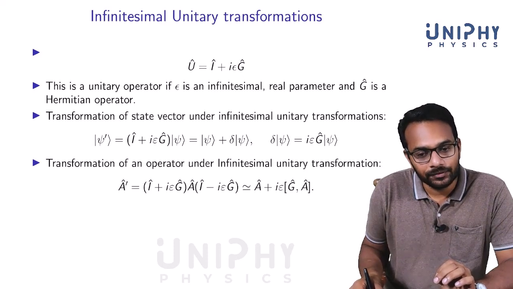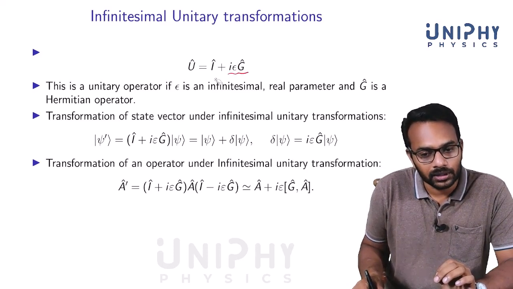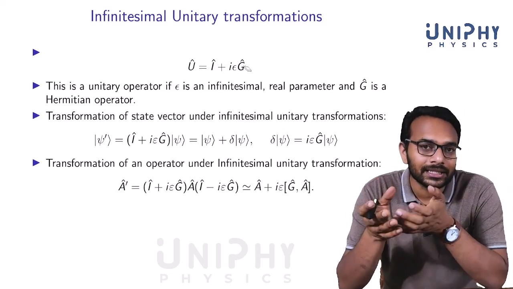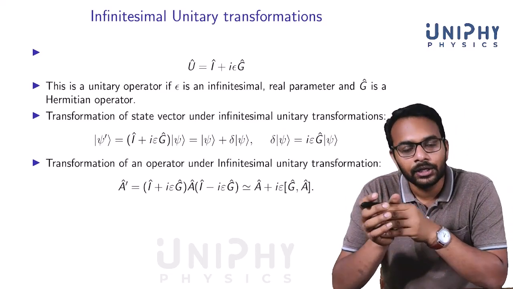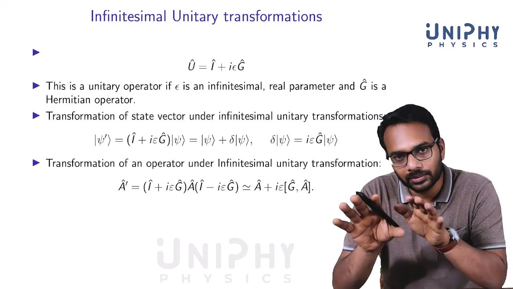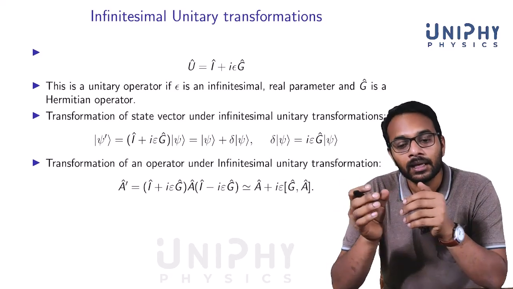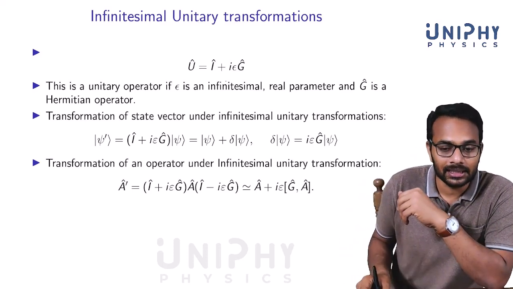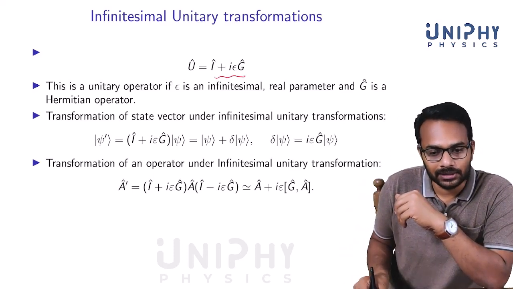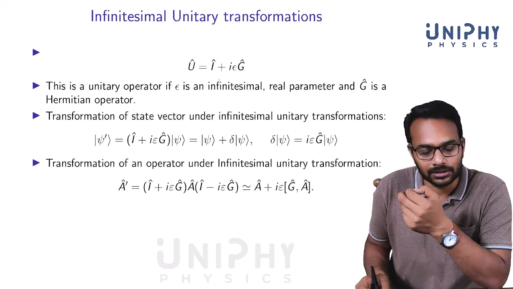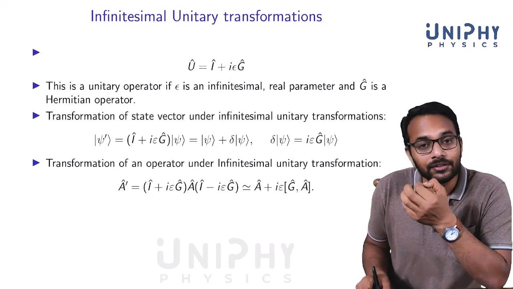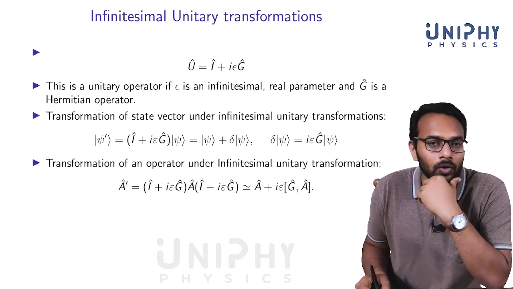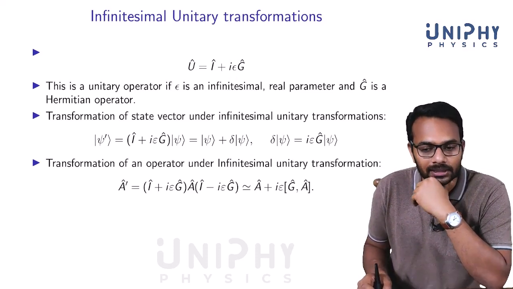It differs only infinitesimally from the identity operator, which means that if you apply the identity, you are doing nothing and keeping the system as such, and to that you are making an infinitesimal change. That's why we call it an infinitesimal unitary transformation. So it is a transformation which differs only infinitesimally from the unit operator.